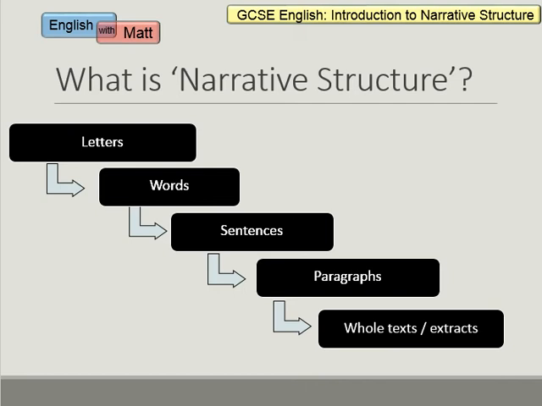When you put those sentences together, you get paragraphs, and then when you put all those paragraphs together, you come out with the whole text, or the extract that you have in the exam. So that extract is made up of lots of different components, as you can see there. And it's all those things, how they fit together, which will create the structure of your text.